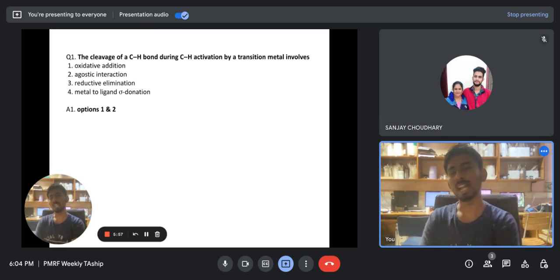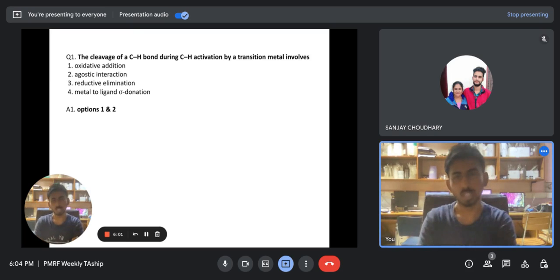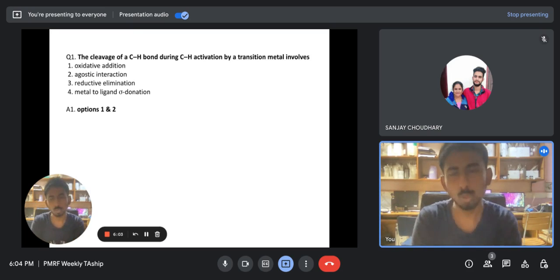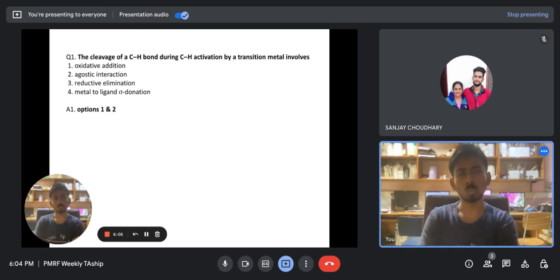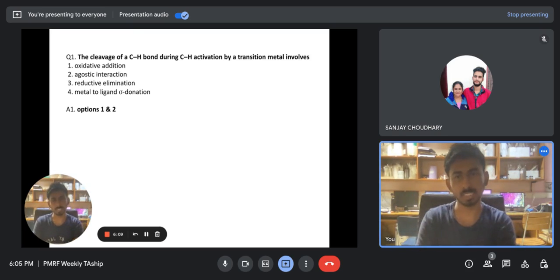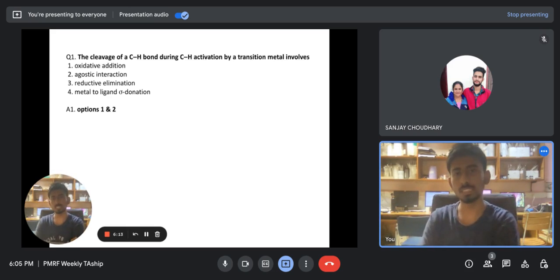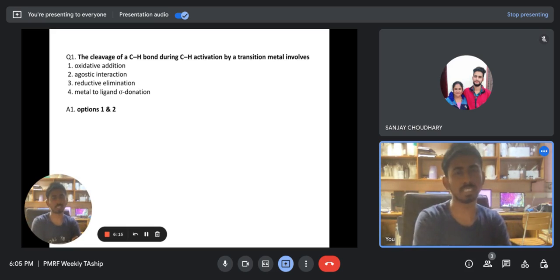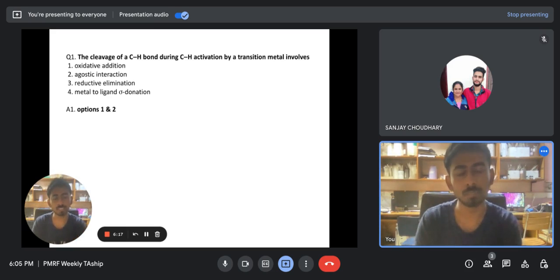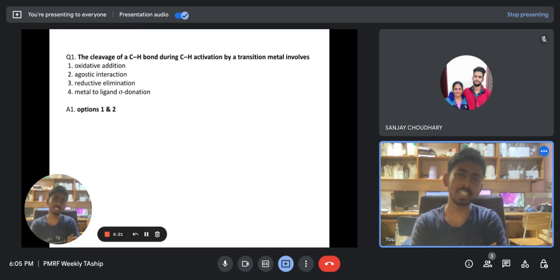In some previous slides I have discussed a bit about the agostic interaction and also oxidative addition. The C-H bond is very less polar, or we can say non-polar in nature, and the bond dissociation energy is also quite high for the C-H bond. That's why activation of the C-H bond can be done in the presence of transition metal complexes, briefly abbreviated as TM.